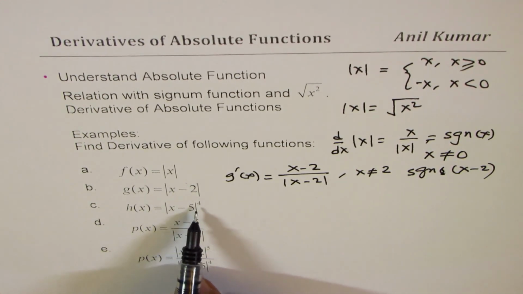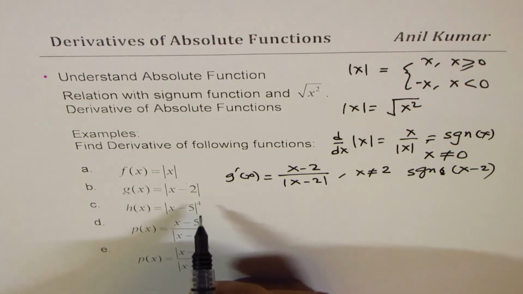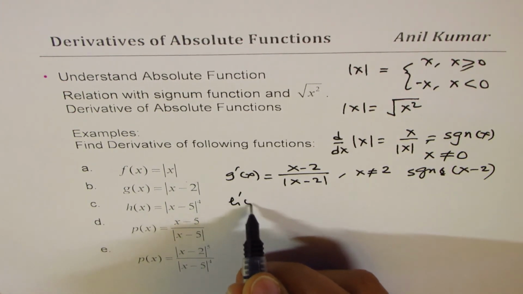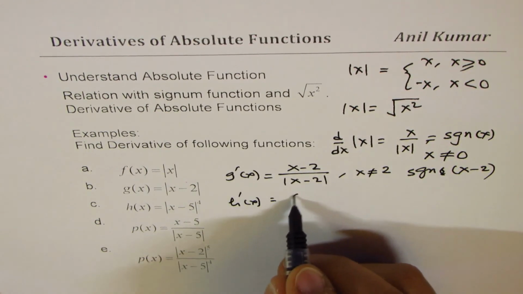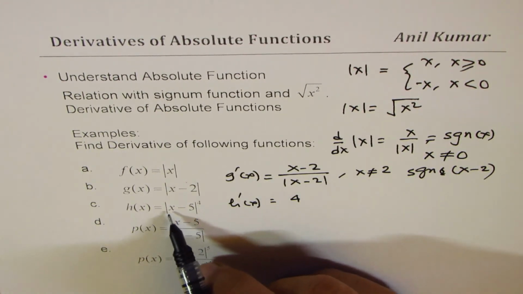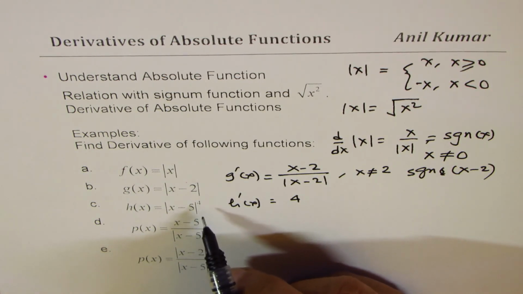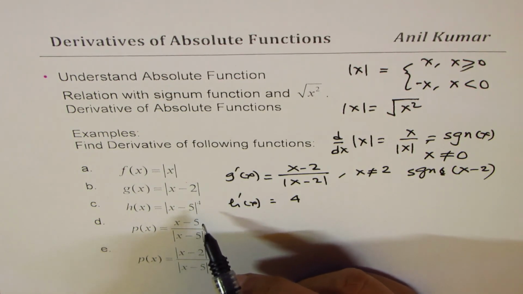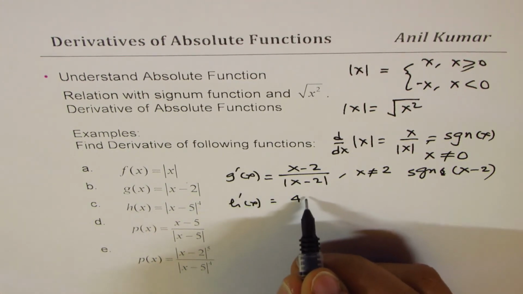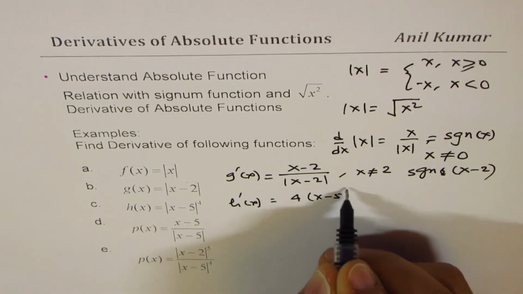Now, for the power of 4, we found that the derivative could be written as h dash of x equals 4 times, we just applied the power rule, x minus 5 whole cube, which resulted in the solution 4 times (x minus 5) whole cube.